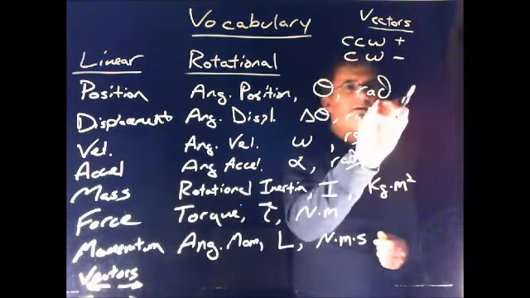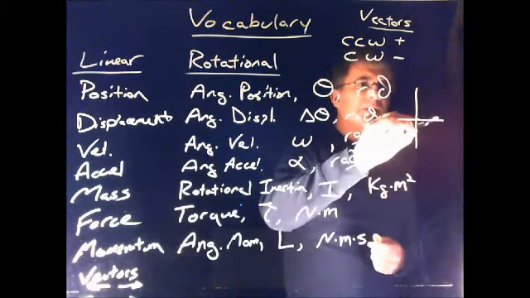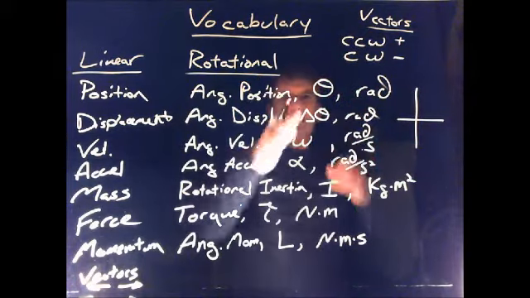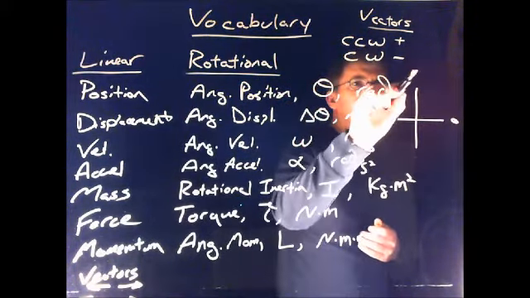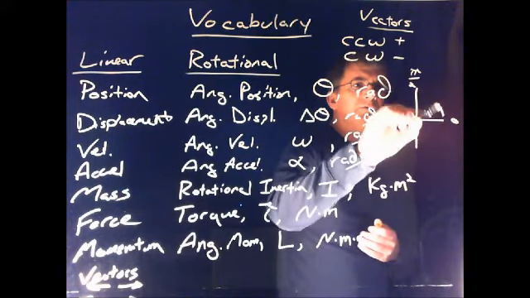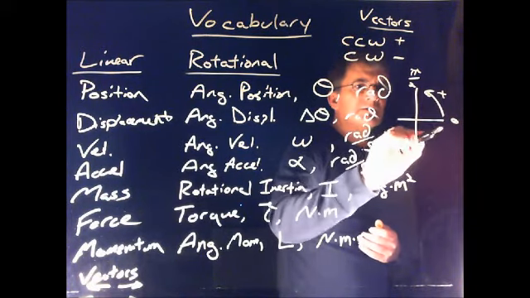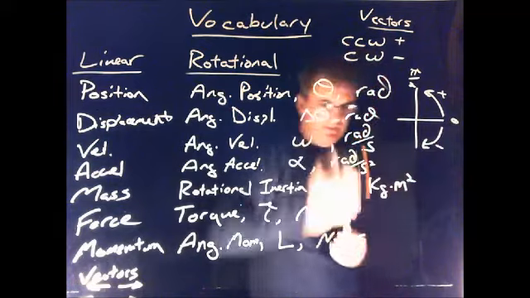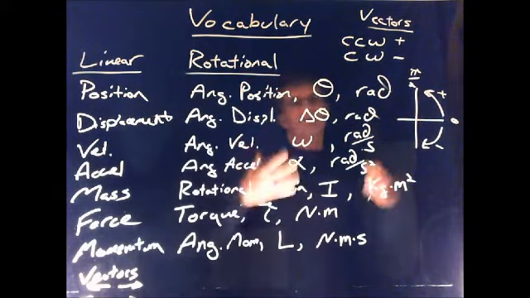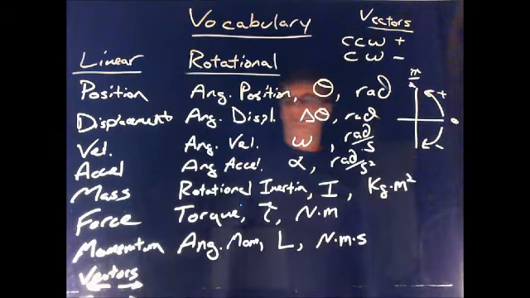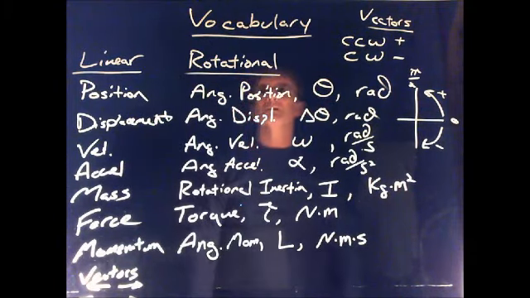So the way that I think about it is how the unit circle's laid out. This is 0, pi over 2. If it's going that way, that's positive. If it's going that way, that's negative. That's how I have to think about it, because I have trouble with clockwise and counterclockwise. It's dumb, but that's what I am.